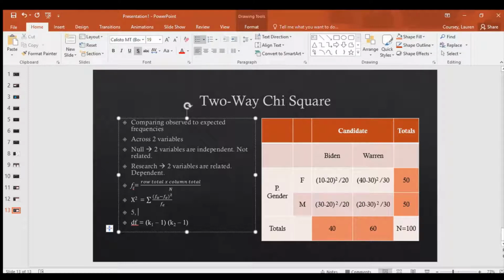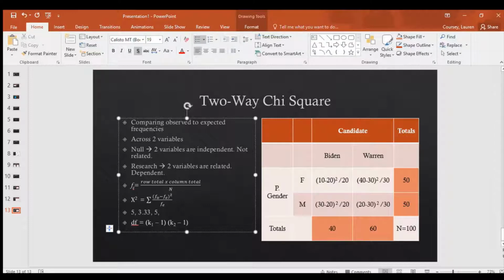40 minus 30 squared divided by 30. We get a value of 3.33. If we take 30 minus 20 squared divided by 20, we get again a value of 5.